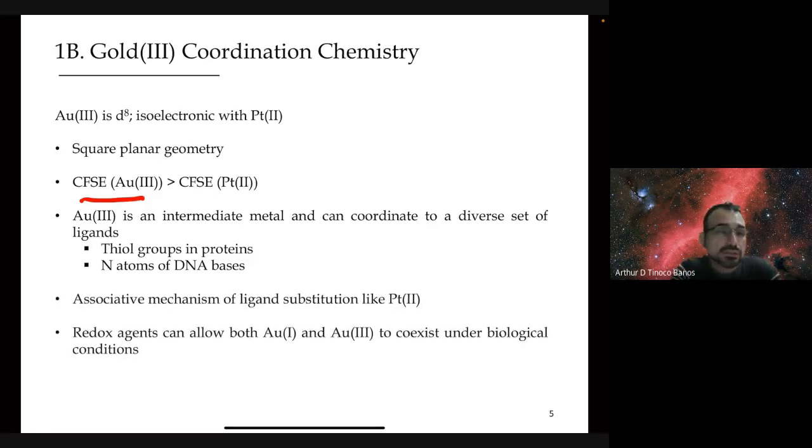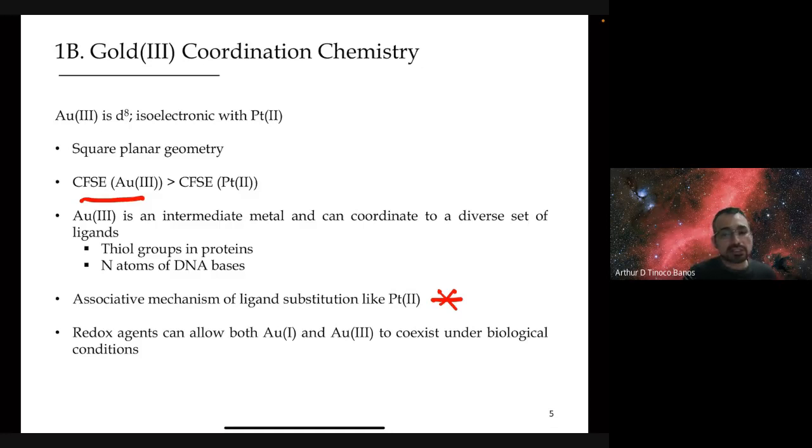It uses an associative mechanism of ligand substitution like platinum 2. Perhaps that doesn't make too much sense unless you took inorganic chemistry, but basically the associative mechanism is very similar to what I just showed you for gold 1, the successive ligations potentially occurring through an associative mechanism.